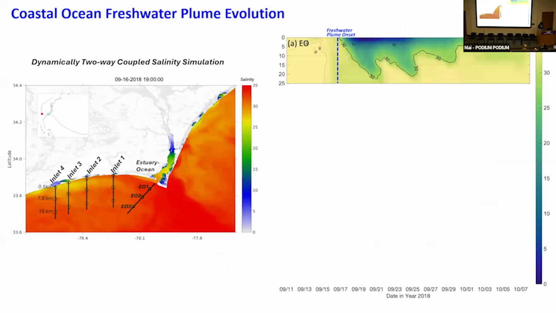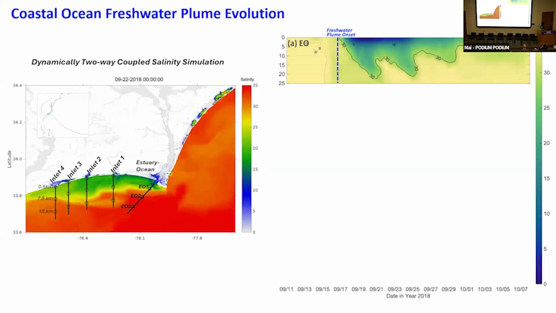Then we continue moving from the estuary to the coastal ocean to investigate the coastal ocean freshwater plume evolution. Here I extract the salinity along this estuary-ocean transect and plot the salinity in this way. Basically, the x-axis is the time series, and the y-axis is the distance away from the coastline.